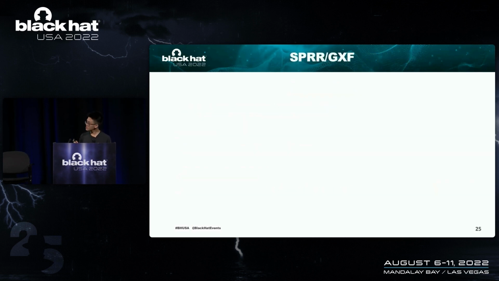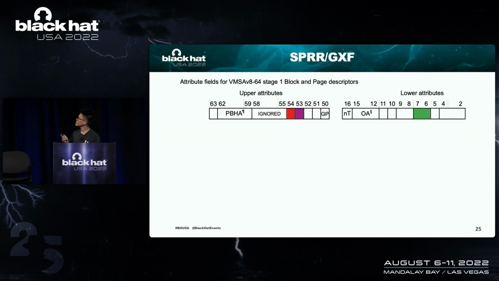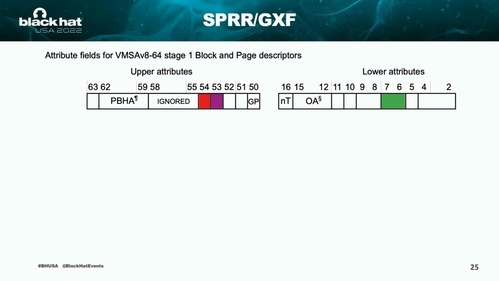So here is how it works. On the screen is the normal page descriptor. This describes the permissions of the page, so whether it's readable, writable, or executable. The colored bits are the ones used to determine the permission. However, Apple changed the definition of these bits, and they convert them into an index, instead of specifying the permission itself.